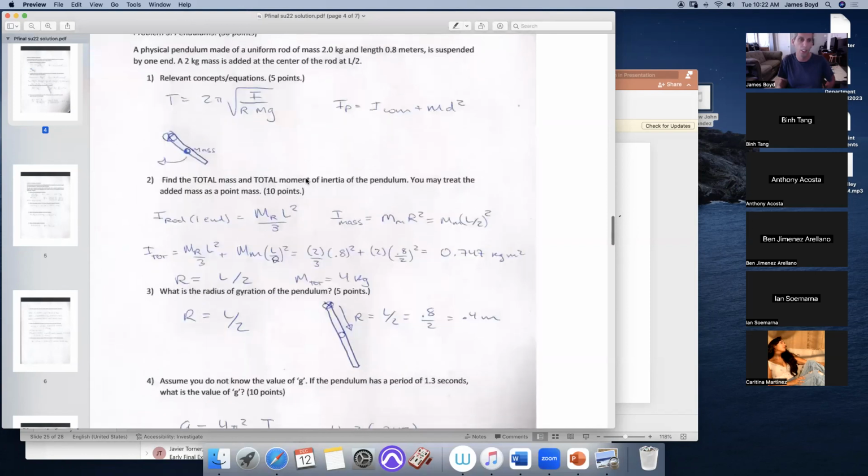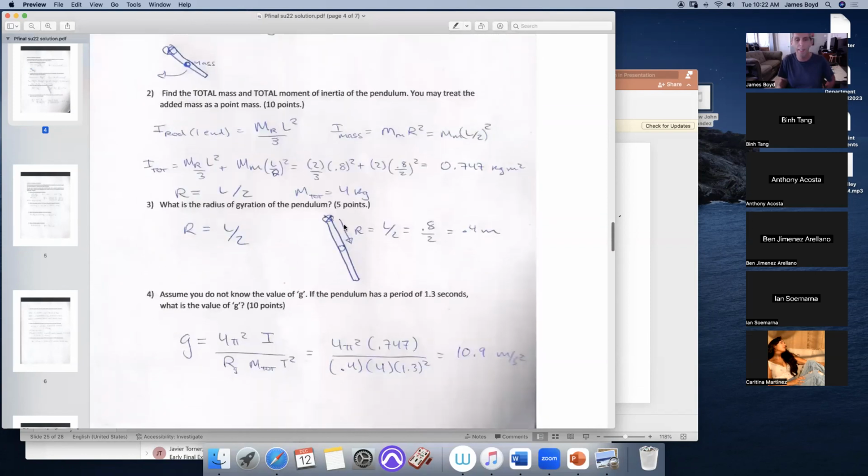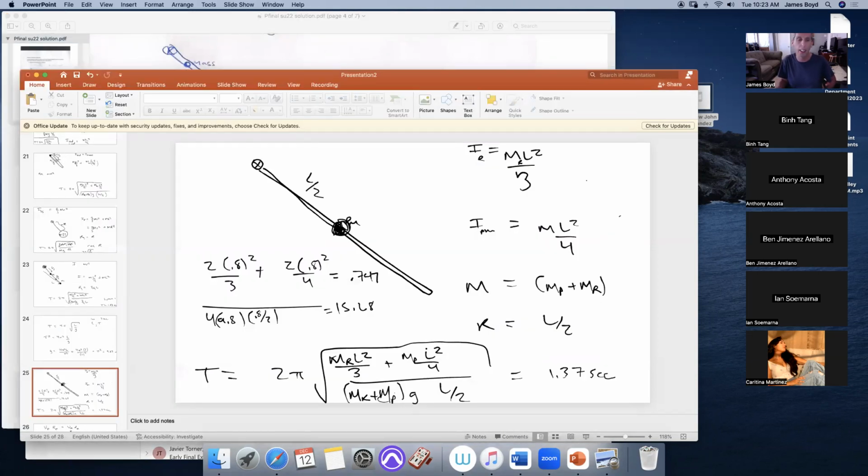And then I had them find G if the period was 1.3 seconds. So instead of finding this, I had them find G is 4 pi squared L over T squared.